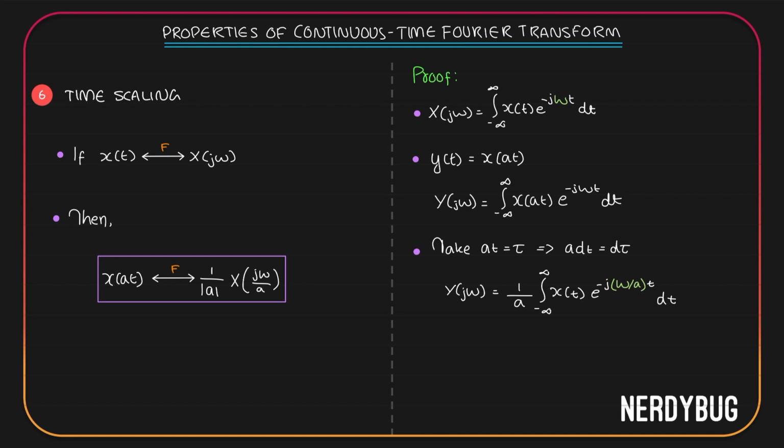It is not supposed to reverse the amplitude. So, if a is negative here, the amplitude will become negative. We do not want that to happen. So, to account for that, we will take the magnitude of a. So Y of j omega is simply 1 by mod a multiplied by X of j omega by a.